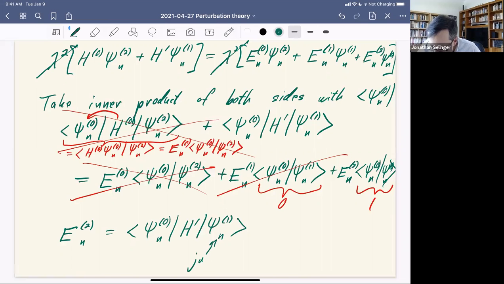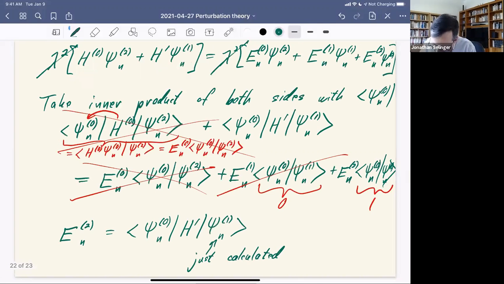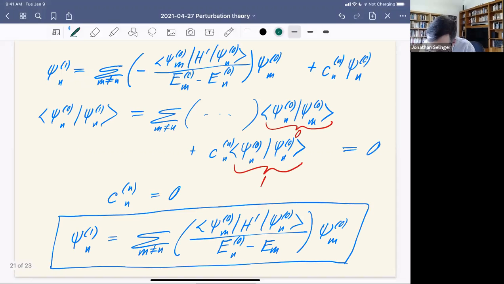We just calculated that thing. So let's use it to find what's this change in the energy eigenvalue. Now E2n is going to be this inner product of psi 0n with H prime and then the stuff that we just calculated. That's all this thing in blue.